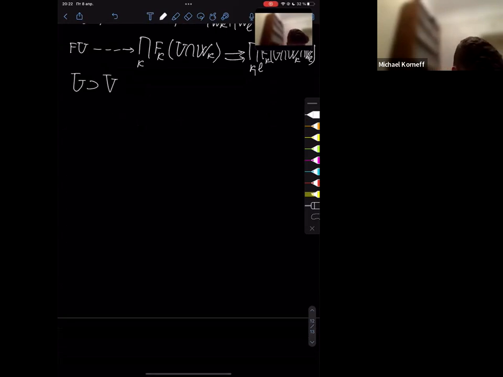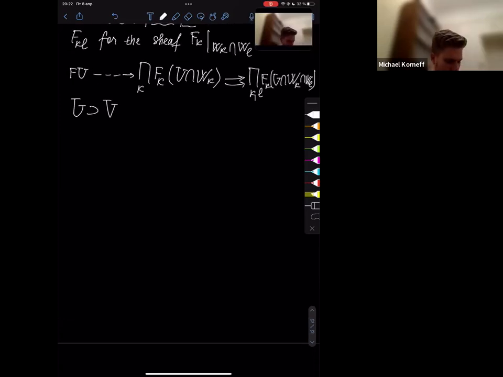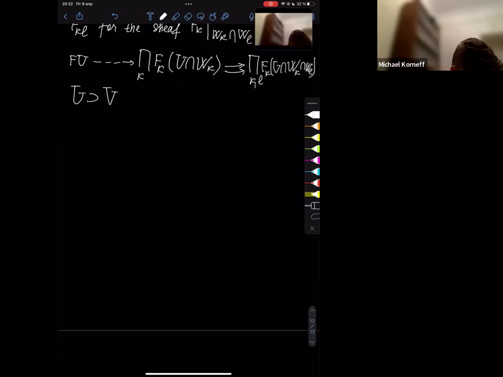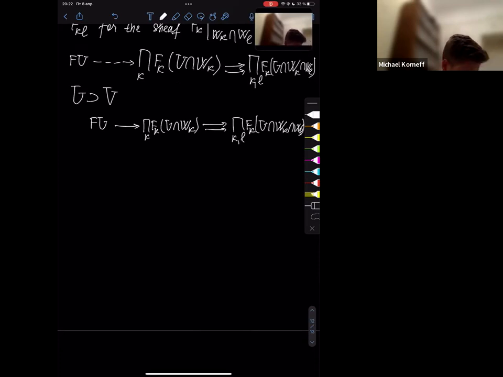Then we can consider any inclusion, and this inclusion induces the following diagram. This diagram maps to this one.